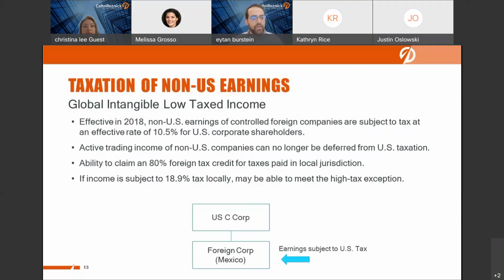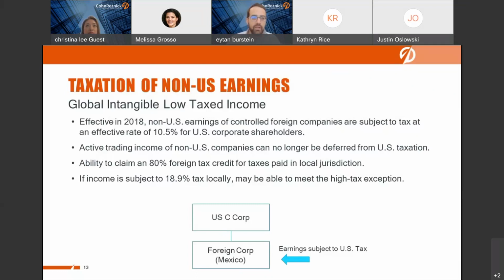Obviously, if you're doing a global business, you're going to have, in most instances, a local subsidiary who's either distributing product, or providing services to local customers. Those non-US earnings were generally not subject to US income tax unless those earnings were brought back through a distribution. That all changed in 2018.